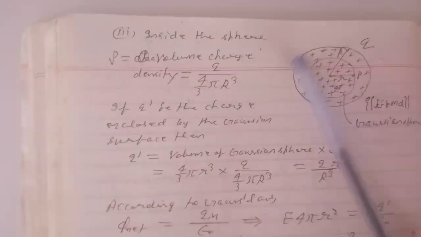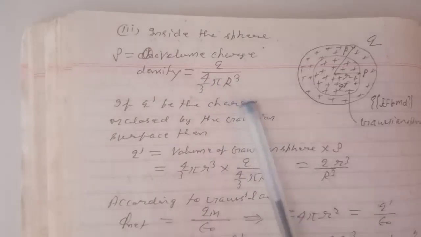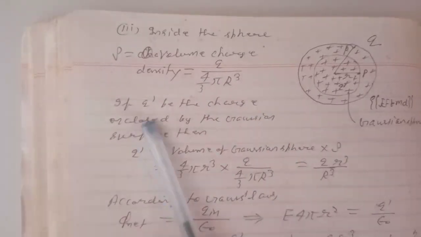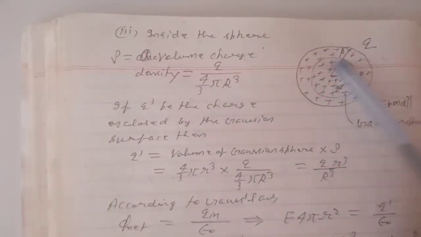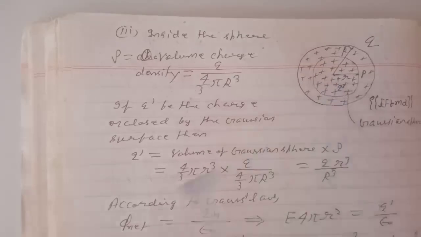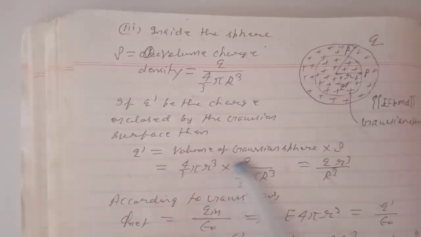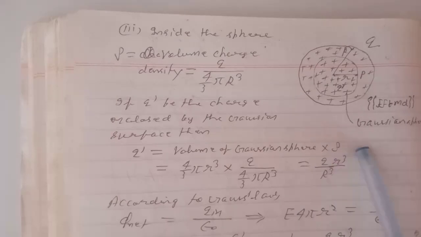The sphere has radius R, so the volume will be 4 by 3 pi R cube. Now if q dash is the charge enclosed by the Gaussian surface, then q dash equals the volume of the Gaussian sphere times the volume charge density.